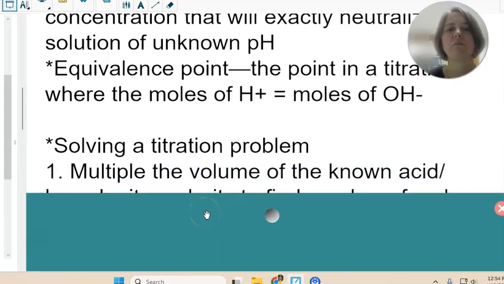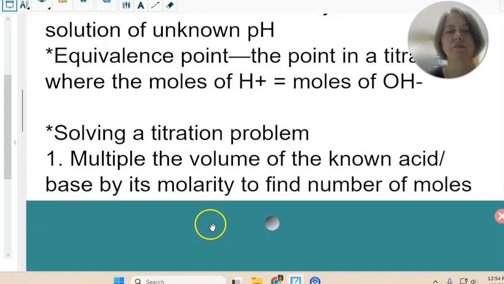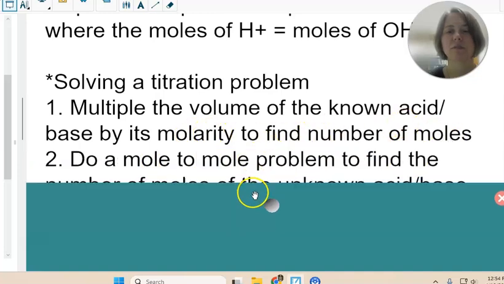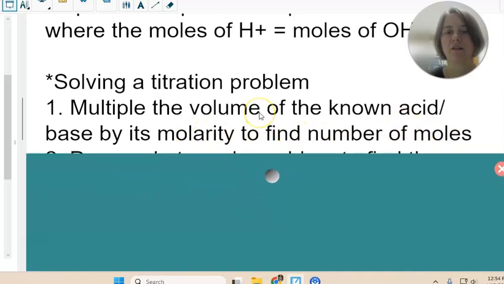First thing, multiply the volume of the known acid or base, whatever it is, the known, by its molarity to find the number of moles. So if you have molarity, we know molarity equals moles over liters, so we multiply it by, we're solving for moles. So you multiply molarity by the volume, gives us moles.